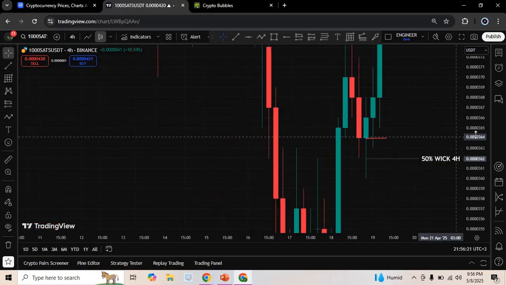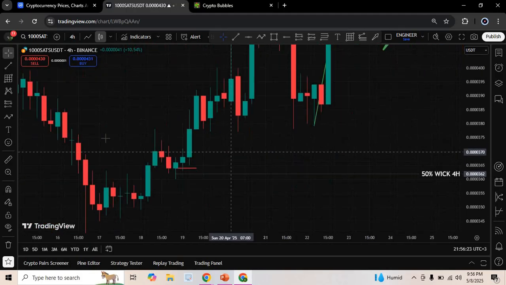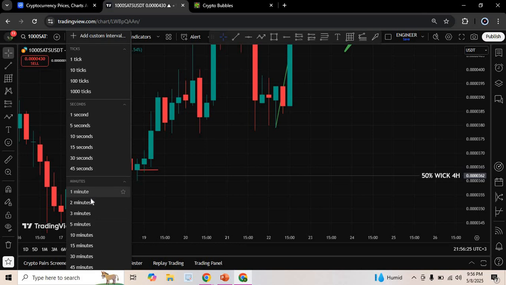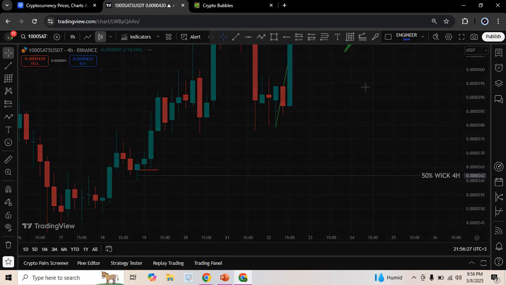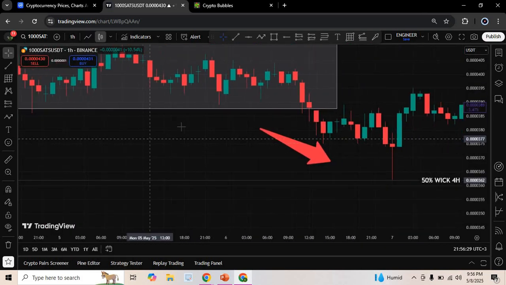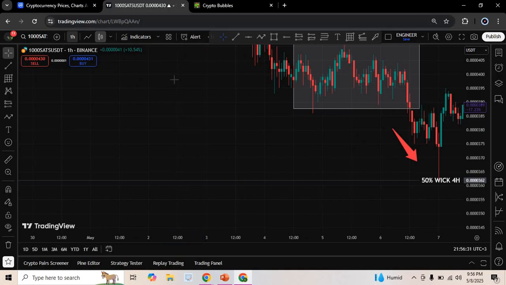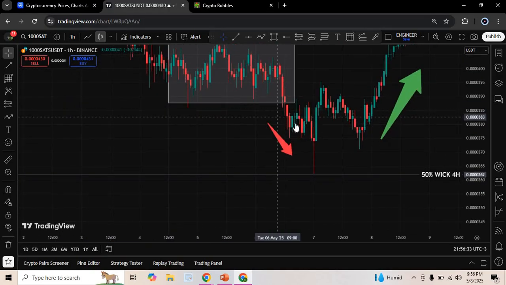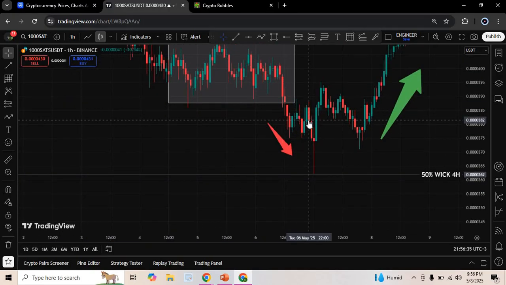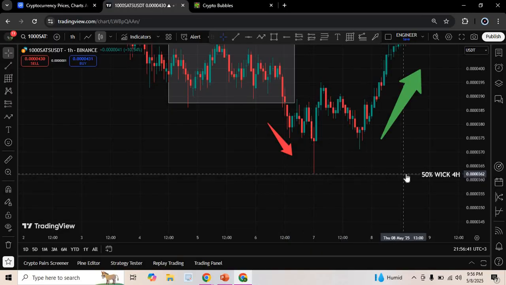If you're good at this analysis, you'll notice which time frame it will be on, and you can identify where the manipulation will end. If you come to the 1 hour time frame, you'll notice that the manipulation move was a fake move with more confluences to it. It was coming down to mitigate that week on the 4 hour time frame.